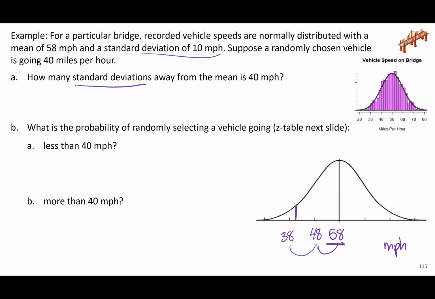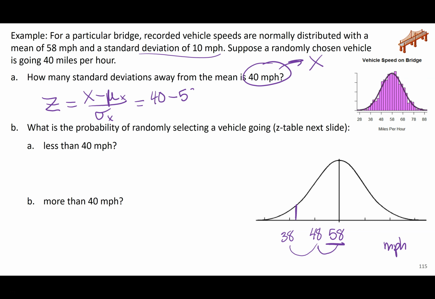So if I want to know how many standard deviations away from the mean it is, it's essentially asking for the z-score. So I'm going to say, oh well, z is equal to x minus mu over sigma. So 40 miles per hour is the value I'm interested in. That's my value for x. So 40 minus 58. So this is what I was kind of hinting at: it's going to be a negative value.